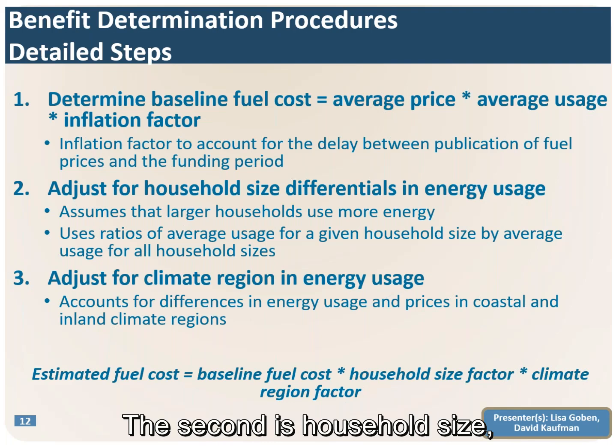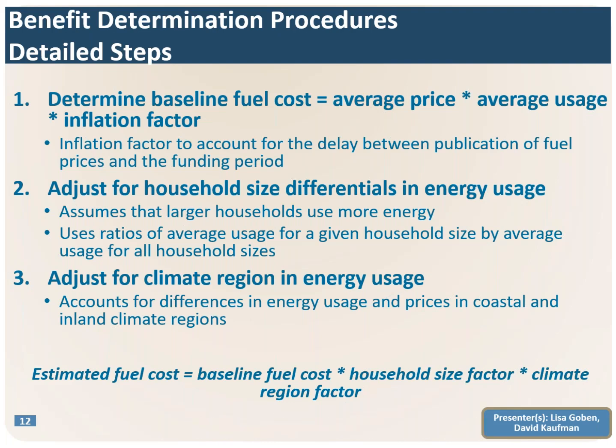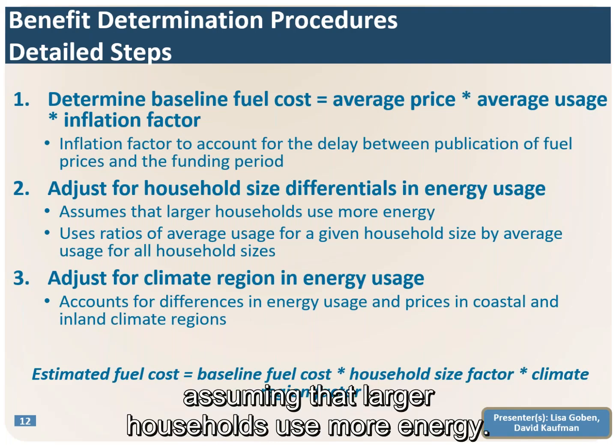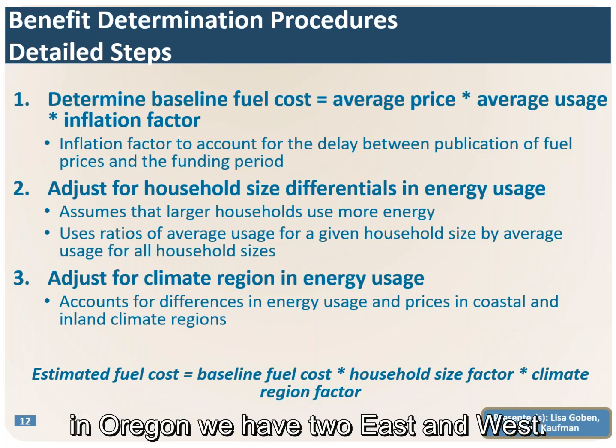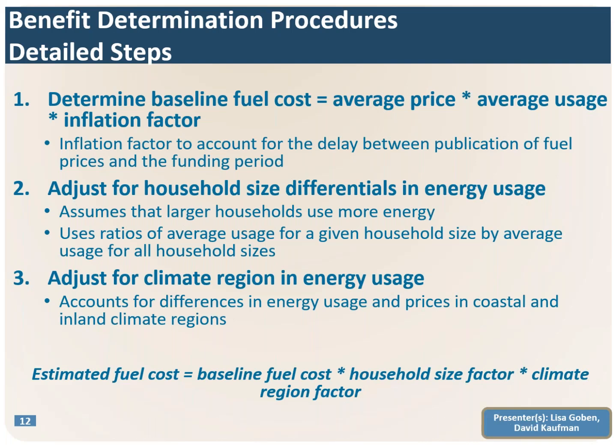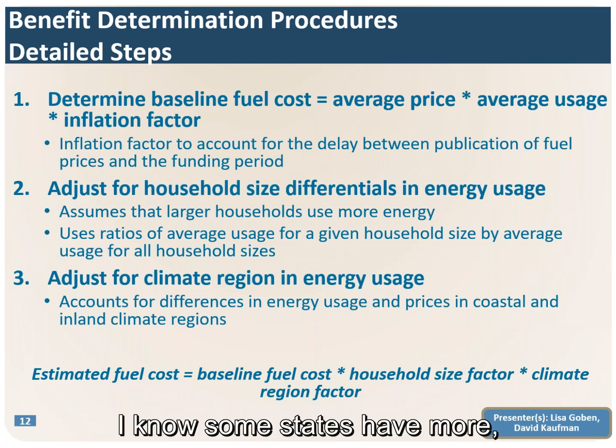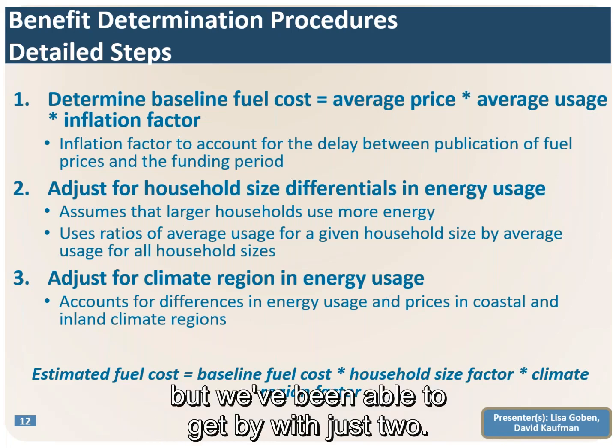The second is household size, assuming that larger households use more energy. And then the third is adjusting for climate region. In Oregon, we have 2, east and west. I know some states have more, but we've been able to get by with just 2.